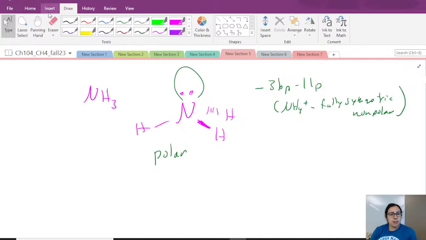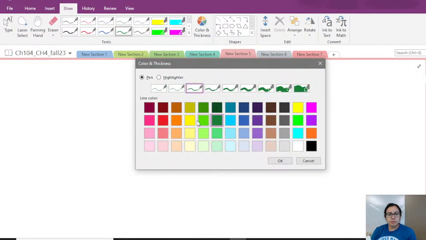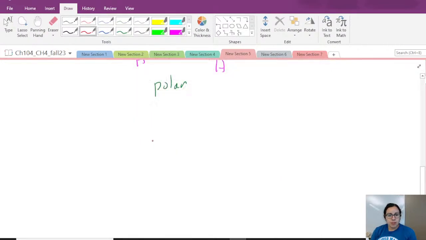Let's try acetone. So what do we think about this molecule? Polar, nonpolar? Oh, and these are CH3s on it.